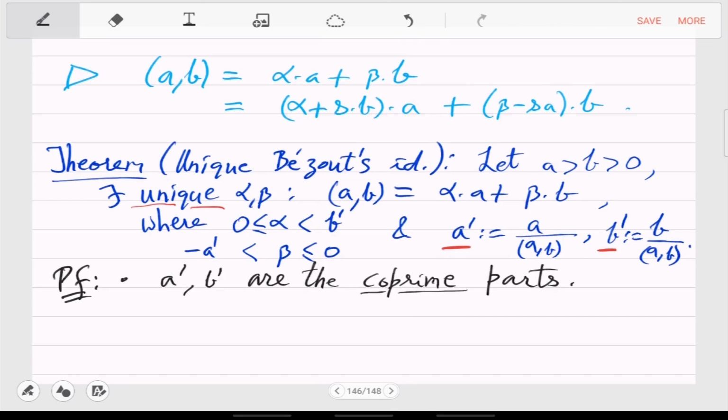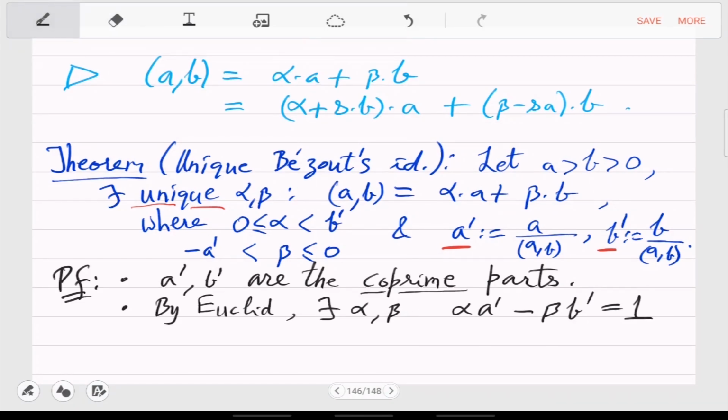So by Euclid's GCD, there exist, I'll use the same alpha beta, there exist alpha beta such that alpha a prime minus beta b prime is 1.